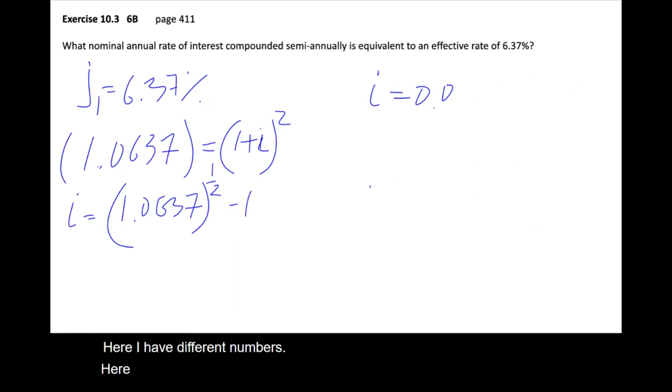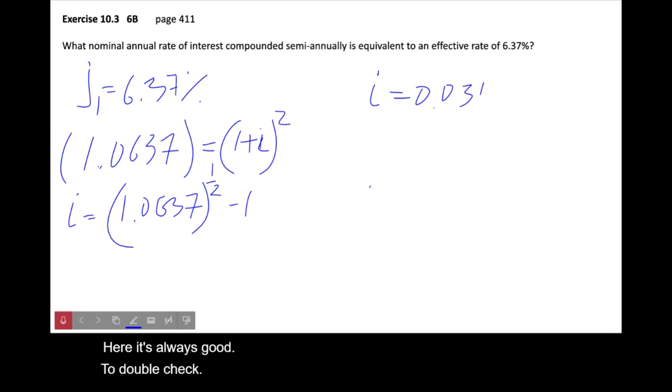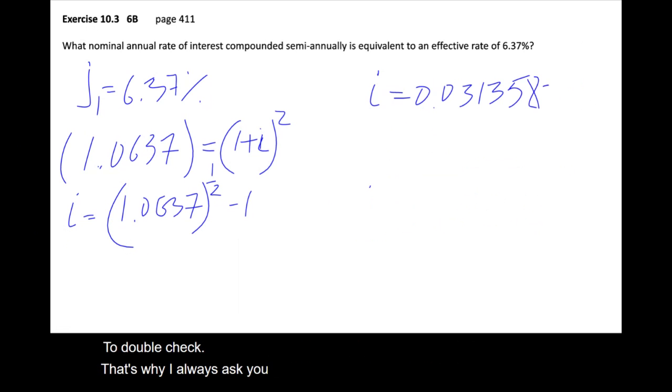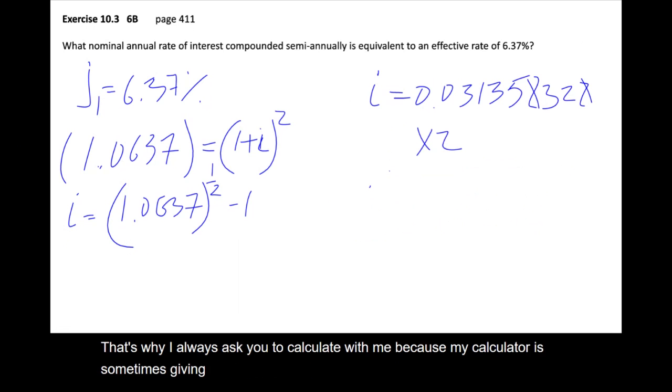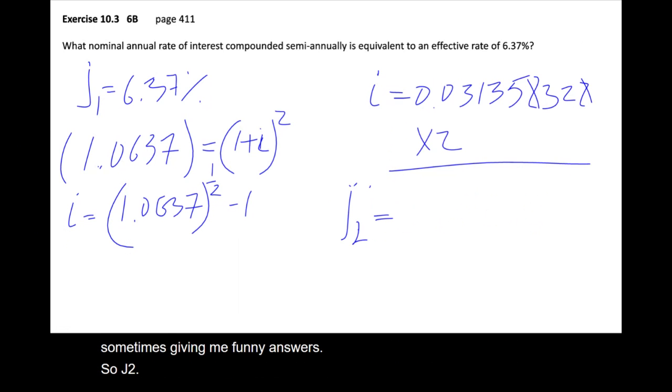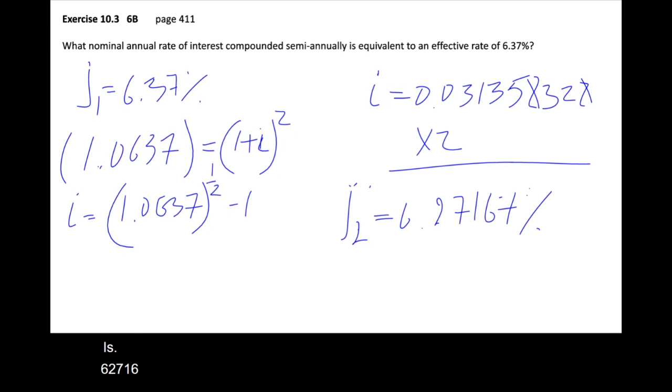Here it's always good to double check. That's why I always ask you to calculate with me, because my calculator is sometimes giving me funny answers. So J2 is 6.27167%. That's the answer. So confirm the number, please.